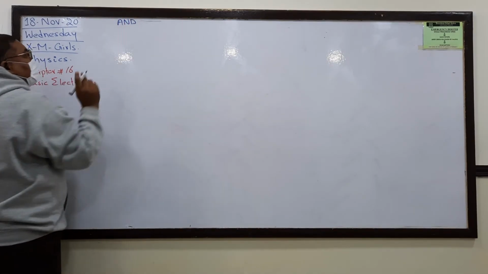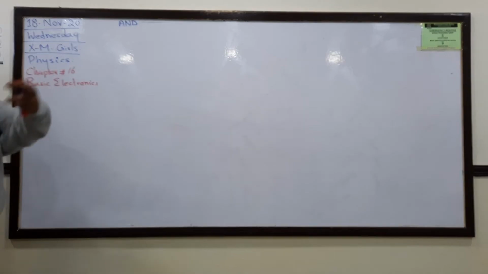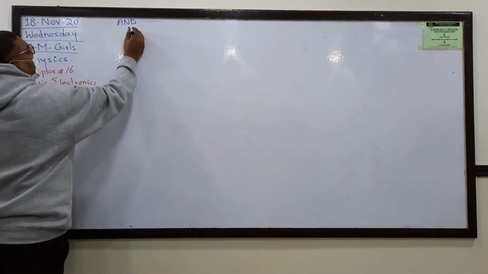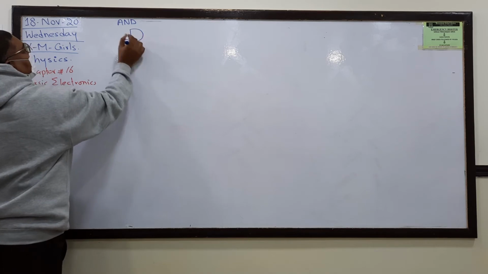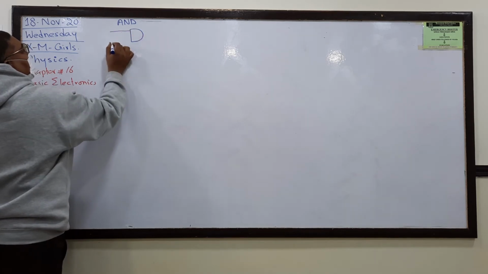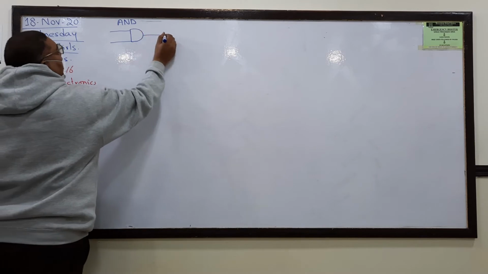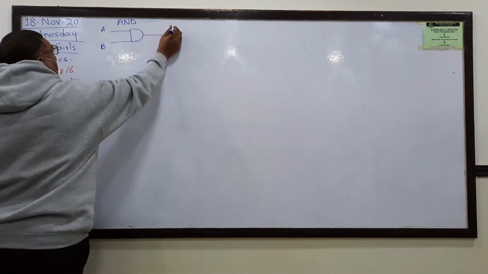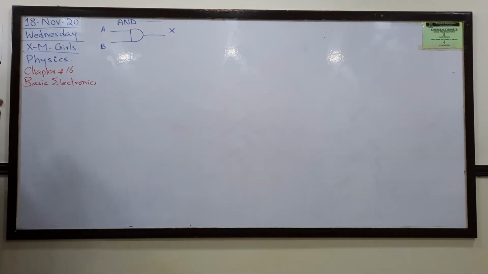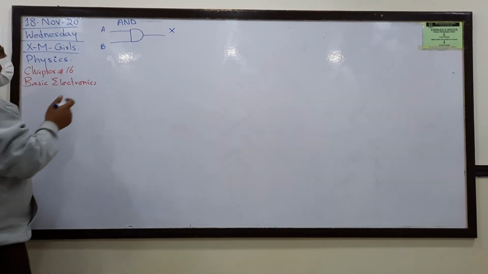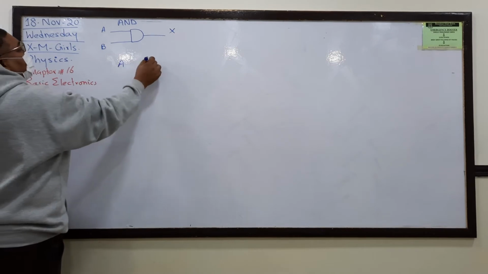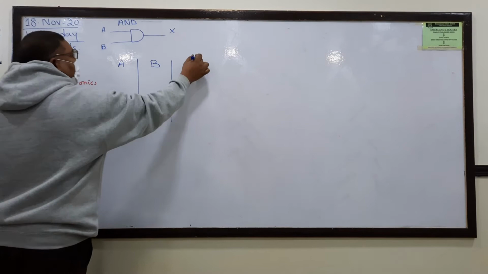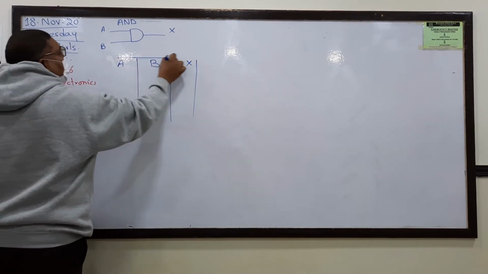AND. In electronic circuits, the AND will be represented something like this. They will make a D. It will have two inputs and an output. Let me say the input is A, the input is B, and the output is X. A, B, X. What I am writing is called a truth table.